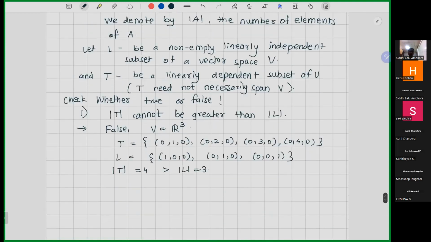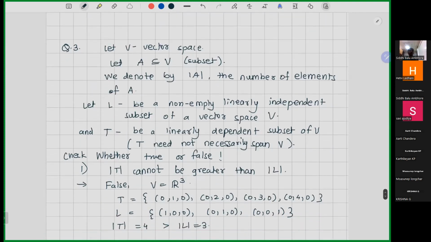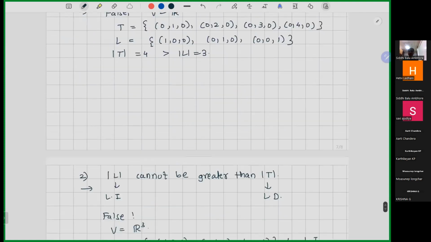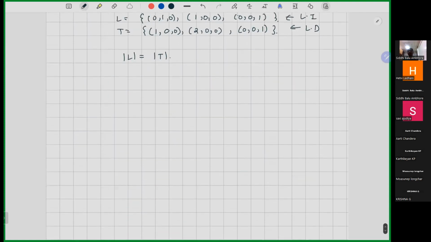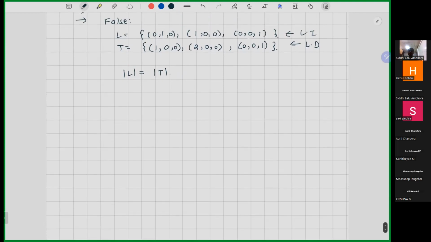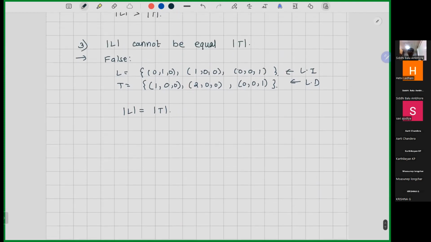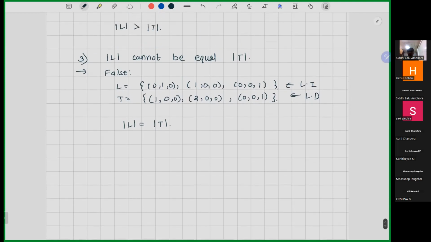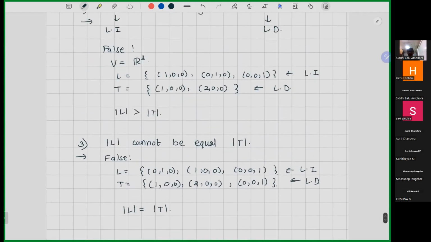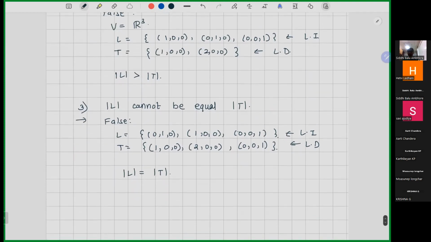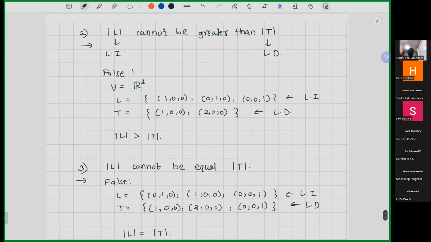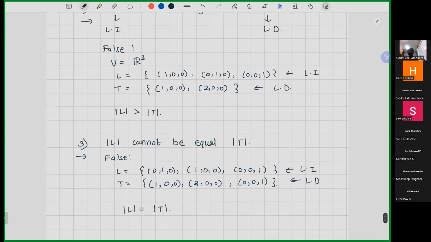But this condition, that T, the linearly dependent set which we are choosing here, is not necessarily spanning our vector space V. Please go and think about what will happen if that condition is imposed on the set T. If we choose T to span the vector space V and T is linearly dependent, then what are all the things which could happen, and which of these statements might become true and false.